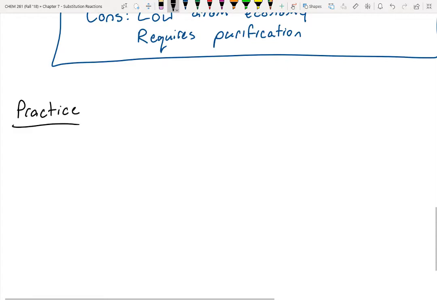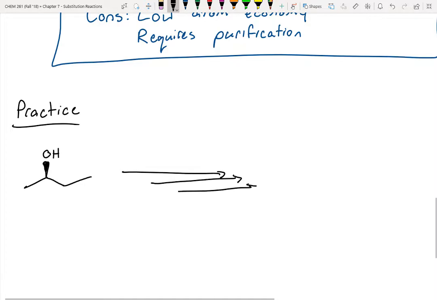All right, for this one, I'm going to have an alcohol, and it's going to require multiple steps, so I'm going to include multiple arrows here. And I want to convert this to a thiol.